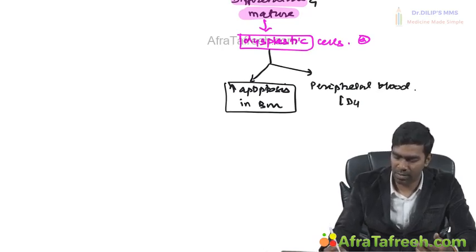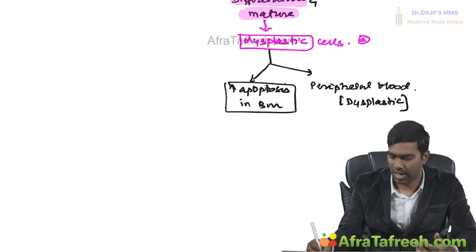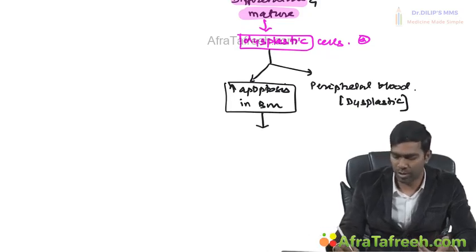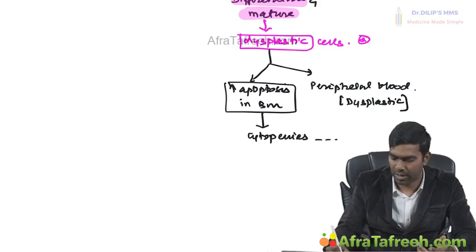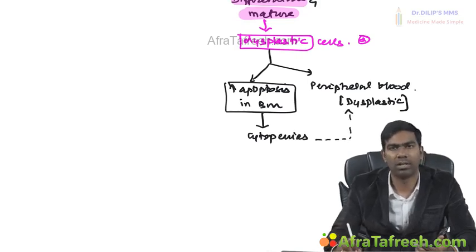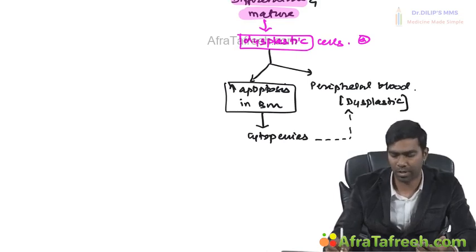Hence in the peripheral blood, you can clearly see these cells having dysplastic changes. At the same time, since there is increased apoptosis in the bone marrow because of the dysplasia, there will be cytopenias, which can also be seen in the peripheral blood. Along with the dysplastic change, there will be cytopenia.